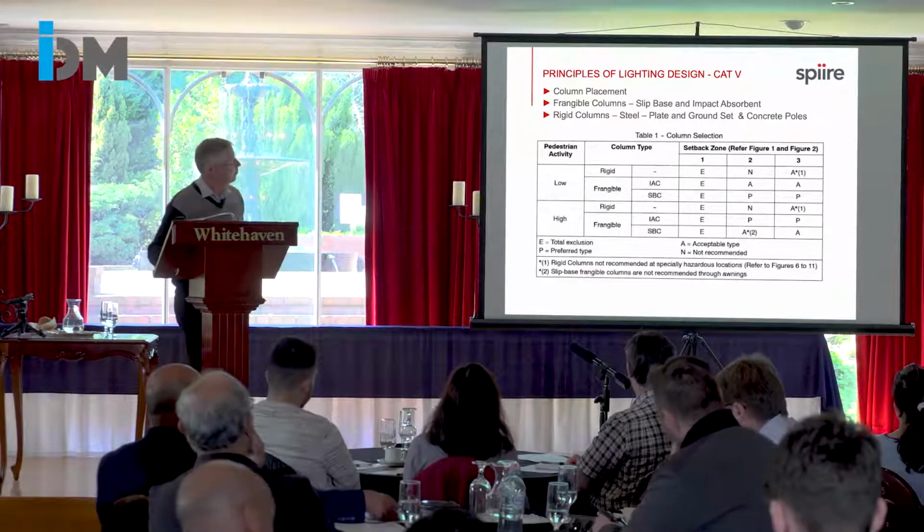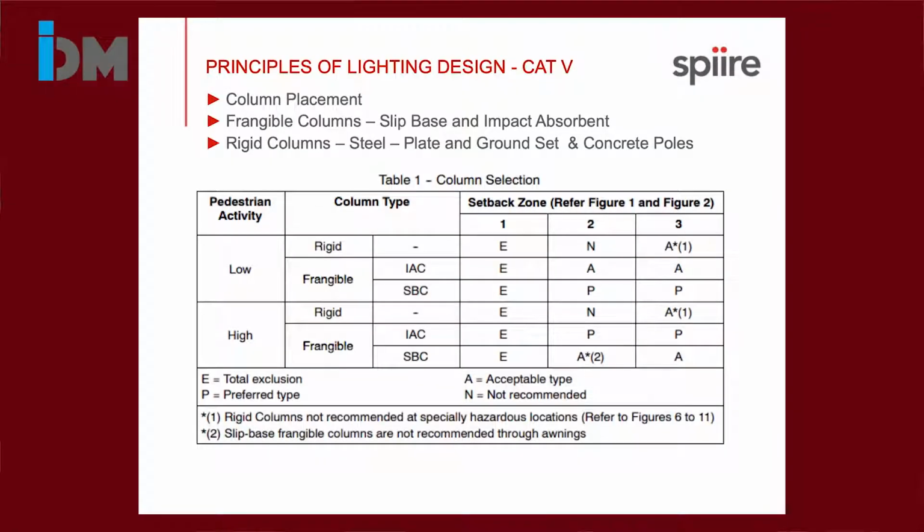Also in the column placement area, for traffic routes, you've got slip base and impact absorbent poles. This table will give an indication of the setback required, and you've got 3 separate zones there, where E is total exclusion, nothing within setback zone 1, and then in setback zone 2, you've got N for not recommended, A for acceptable, or P for preferred, depending on whether it's impact absorbent or slip base.